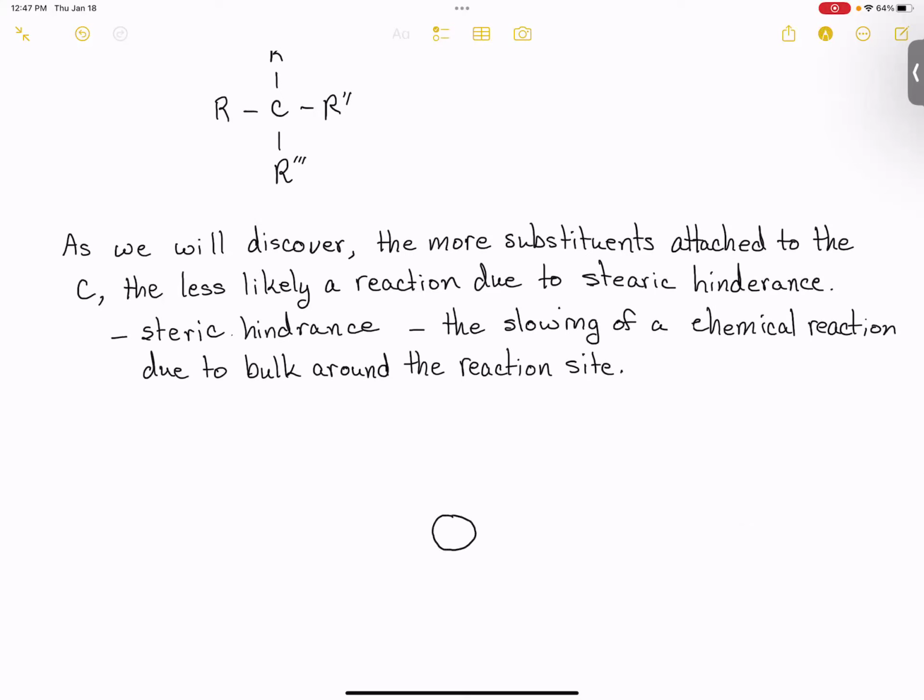Let's take a coin. Now, this is your carbon atom. When you add a CH3 group, it's like adding 1 ball. Well, that's okay because I still have plenty of area where I can attack in order for a reaction to occur.